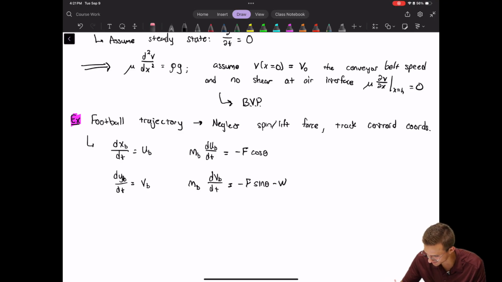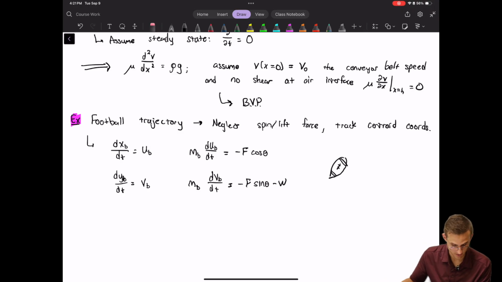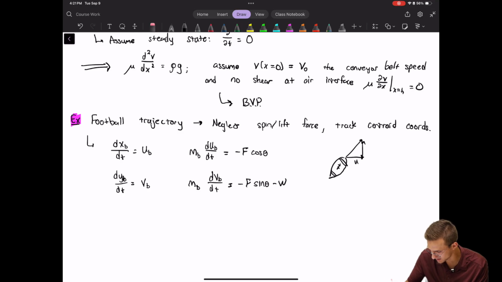So okay, let's draw the ball here. So we have the ball. Not my best work, but it'll do. And it's traveling at this velocity, which has two components. So x component u_b and a y component v_b, right? The theta that we're talking about here is this theta, which we can see is just equal to the arctangent of v_b over u_b, right?